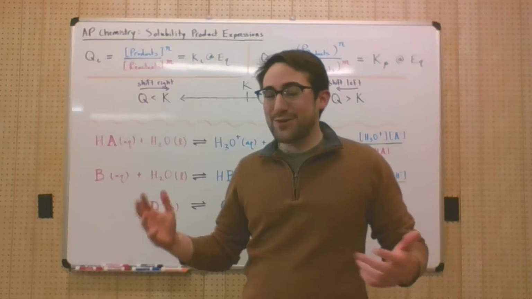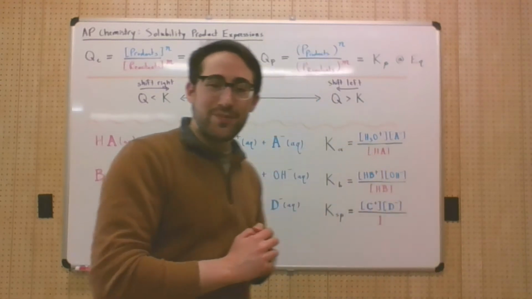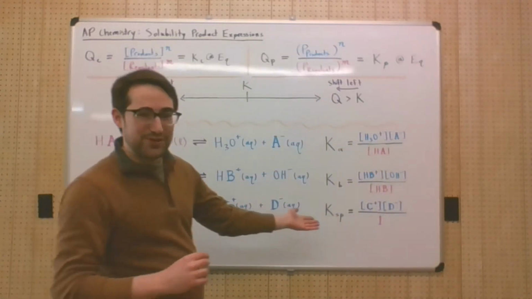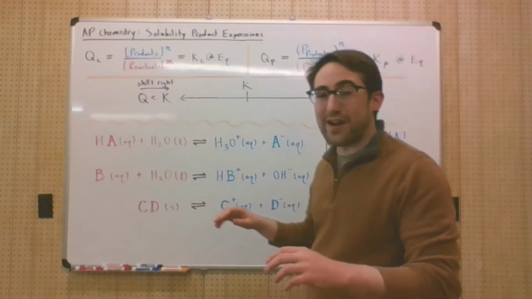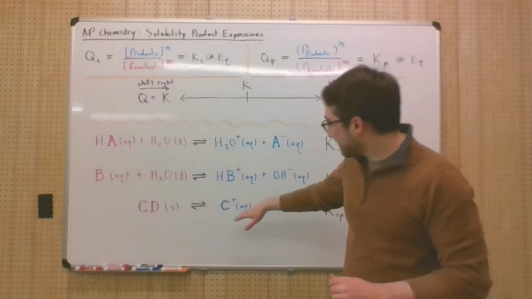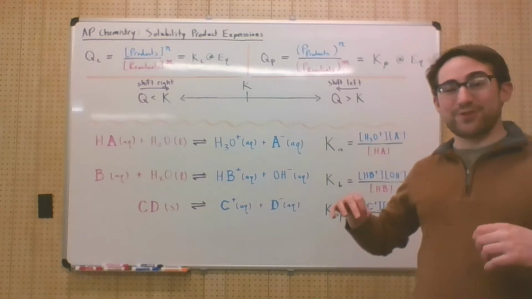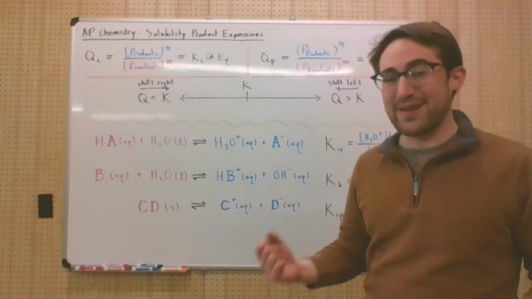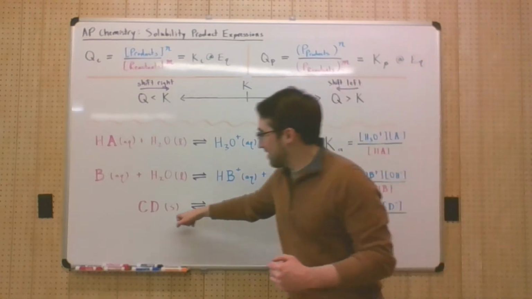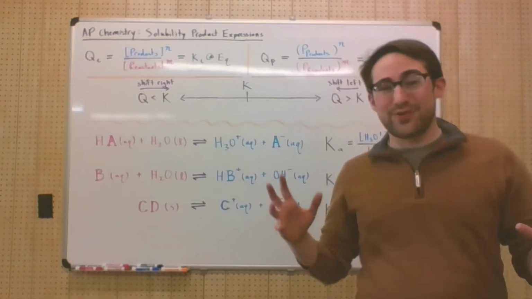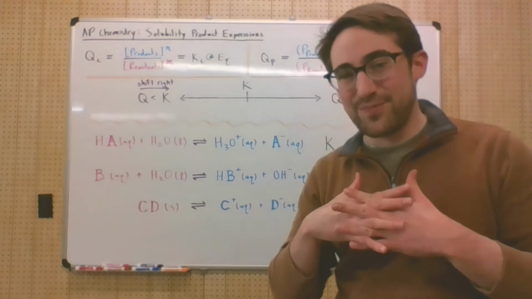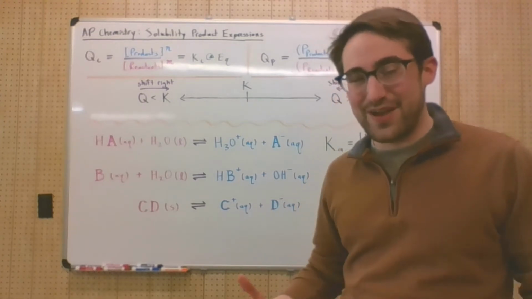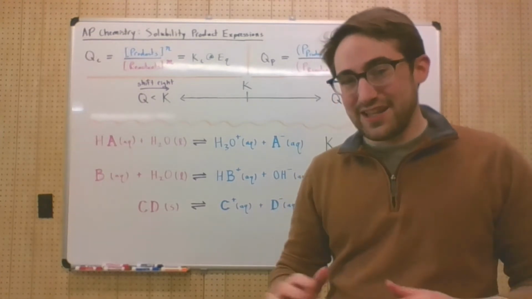But theoretically, we can still write out an equilibrium constant expression for a precipitate, where our products, the stuff on the right, are going to be the ions that thing would usually split up into, even if it's not very common, even if it doesn't happen all that much. And our reactant is going to be the solid precipitate, that insoluble ionic compound that is just not giving it up.